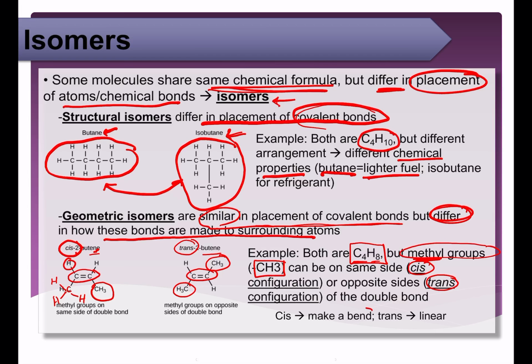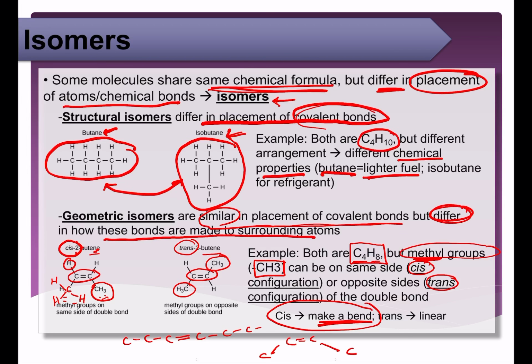The cis configuration usually involves making a bend in the molecule because these two here are bulky groups. Okay, so if we're talking about C single bond, and then all of a sudden there's that double bond C, and then C onwards, it tends to bend this way.